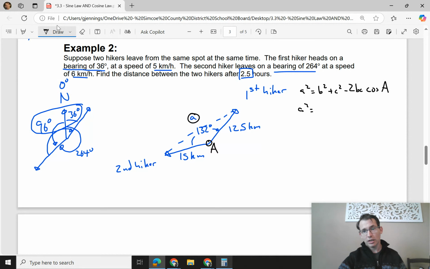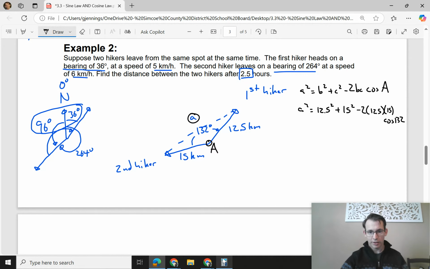A squared is equal to 12.5 squared plus 15 squared minus 2 times 12.5 times 15 times cosine of 132.